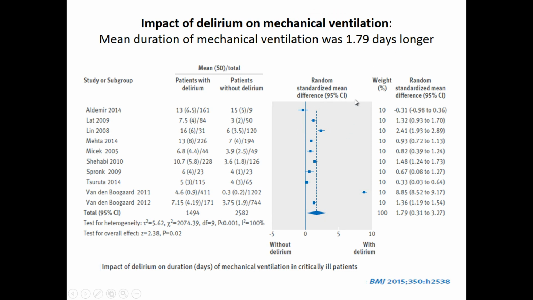Almost 2 full extra days on mechanical ventilation for patients who have suffered any episode of delirium. It doesn't quantify how many days any episode of delirium led to longer time on mechanical ventilation.